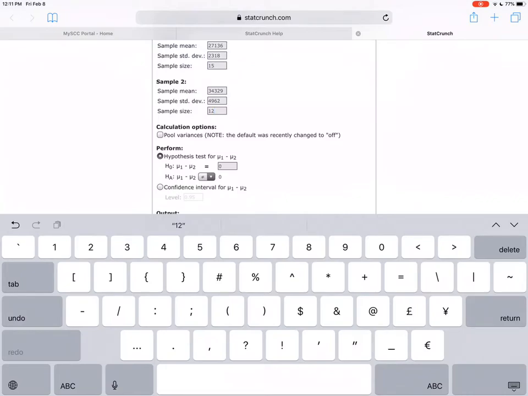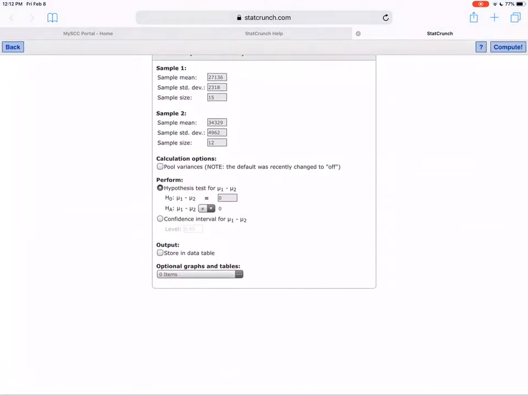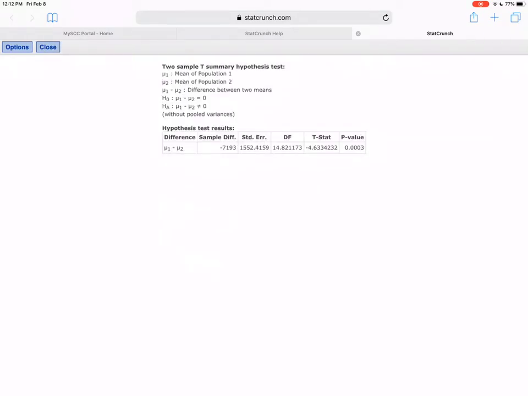And then again, right here, I get to decide if I want to pool the variances. So since this is an example where the variances of the populations are not equal, I do not want to pool the variances. I want to keep everything separate. So I'm going to leave that box unchecked. This is a two-tailed test, so I'm going to leave that alternative hypothesis at not equal to, and I'm going to hit compute.